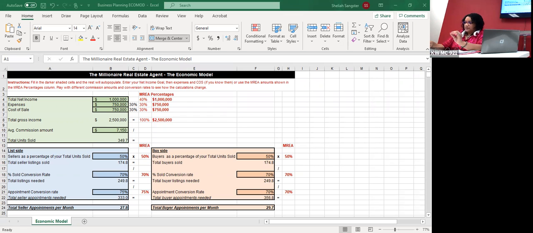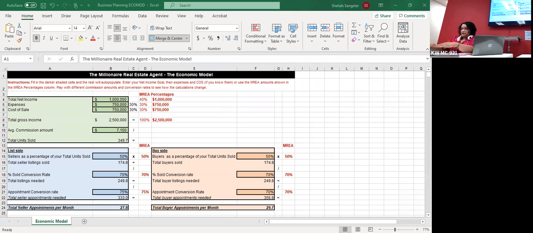Okay, so we talked about the performance, the investment, which equals your outcomes, the 30-30-40 element of the economic model, which will be explained a little more in detail in the budget model. And then we talked about cash flow, where you're starting with your gross commission income and how all that money funnels through to get you a net income.